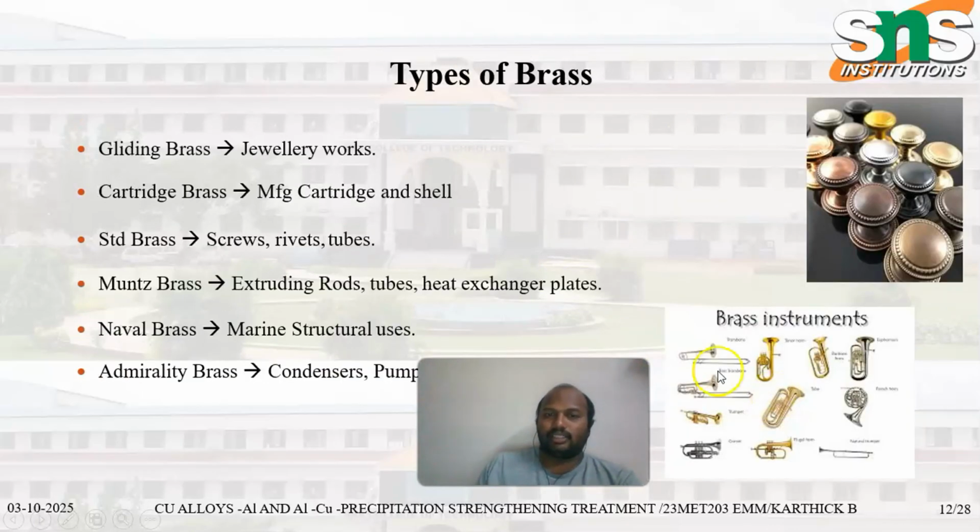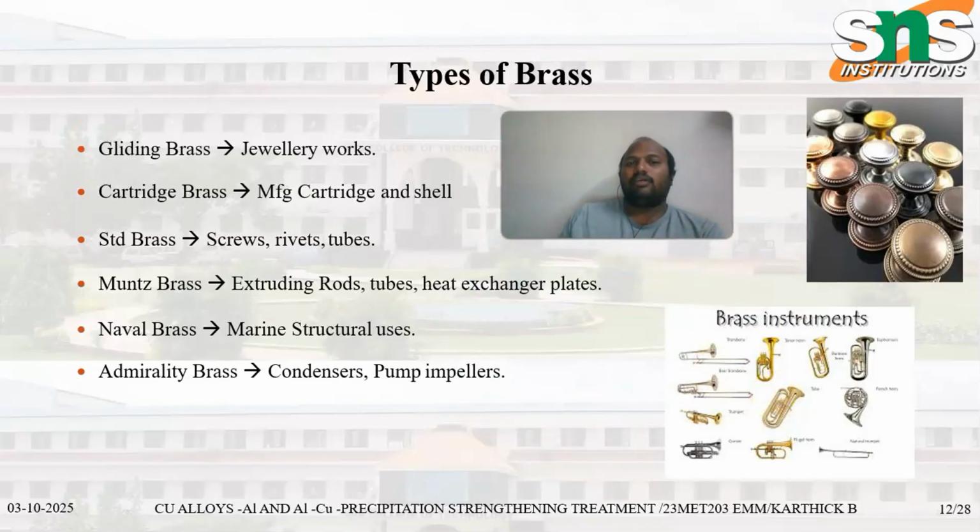The next thing is the types of brass available in the market and what they are used for. First one is gilding brass, used in jewelry works, where this brass is mixed with gold in order to make ornaments.